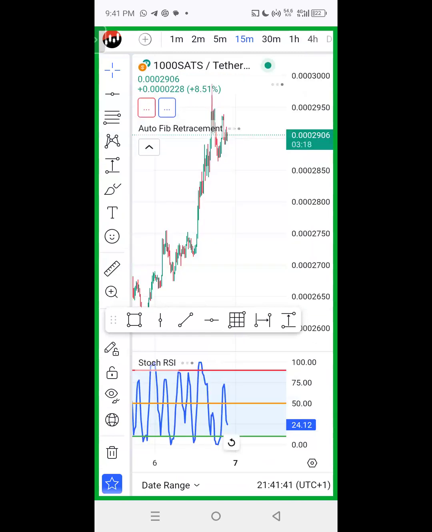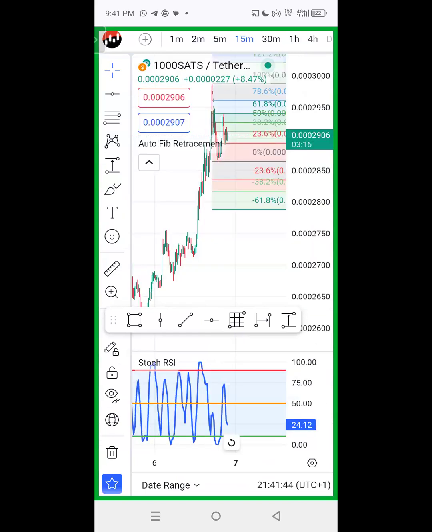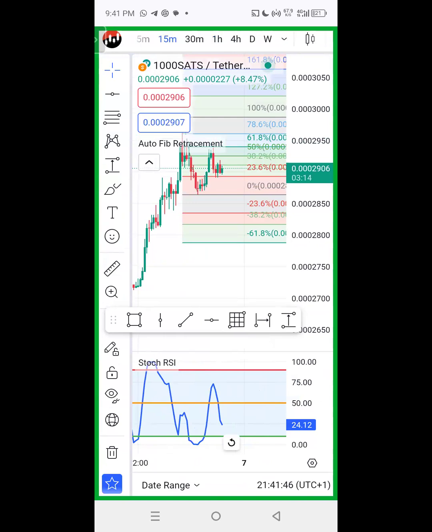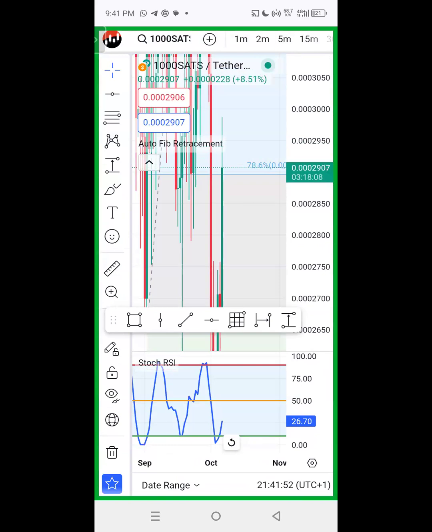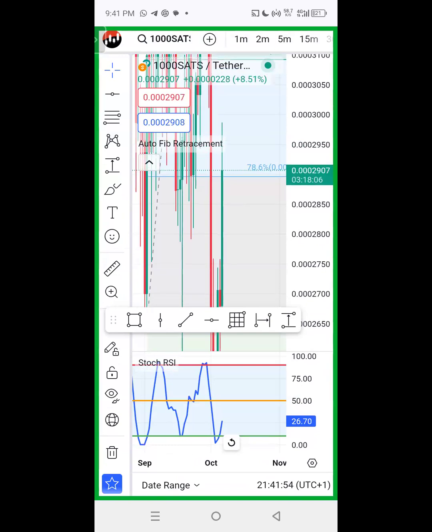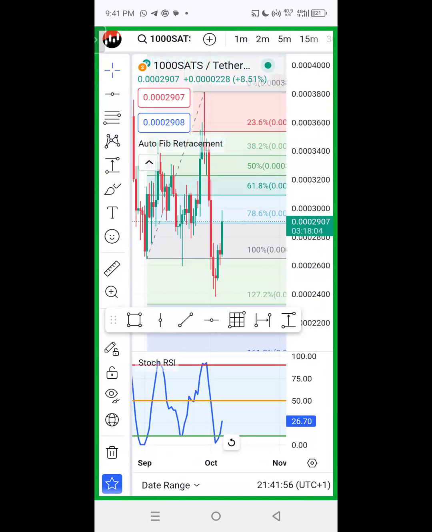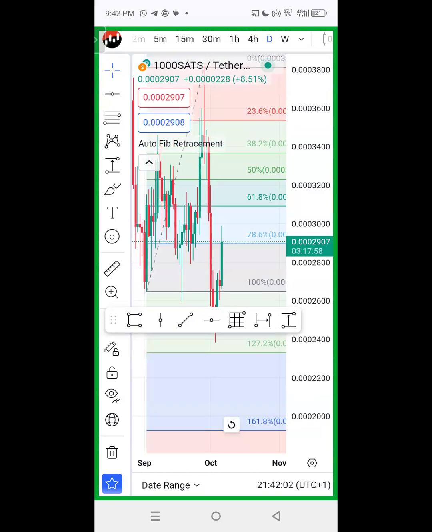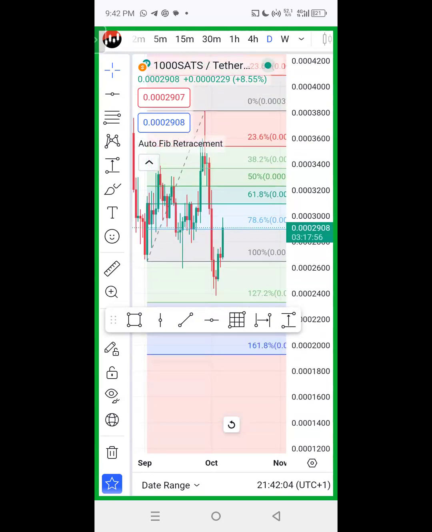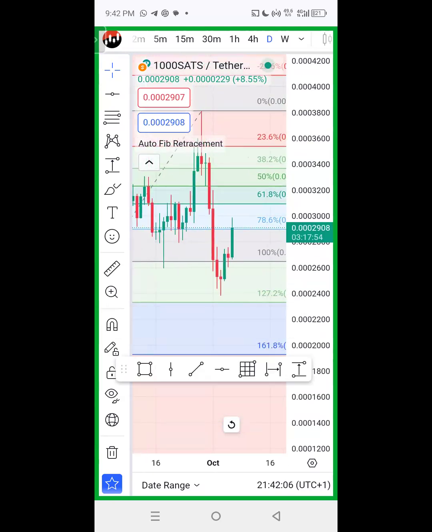Now, the Pro Strategy is done on the 1 day, and the entry is on the 5 minutes. The confirmation is done on the 1 day, and you don't need stochastic RSI. You just need the auto fib retracement indicator. We don't need the stochastic RSI to pull the trigger. Let me remove it. What you just need is the 1 day.